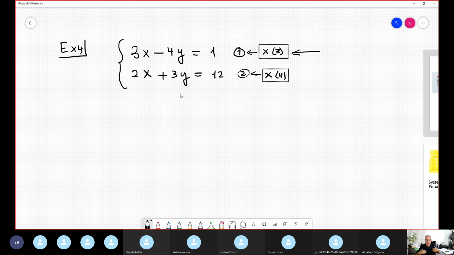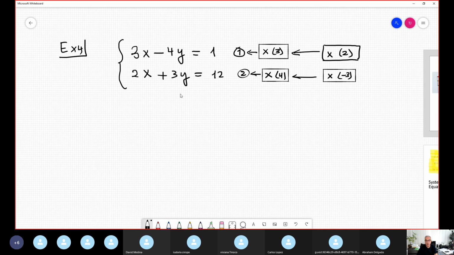You're thinking, what is the best strategy for you? In this case, I take advantage that this sign is positive and negative, so it's easy for me. But another possibility I want to discuss, but I don't want to use, is suppose you multiply the first equation by 2 and the second equation by -3.